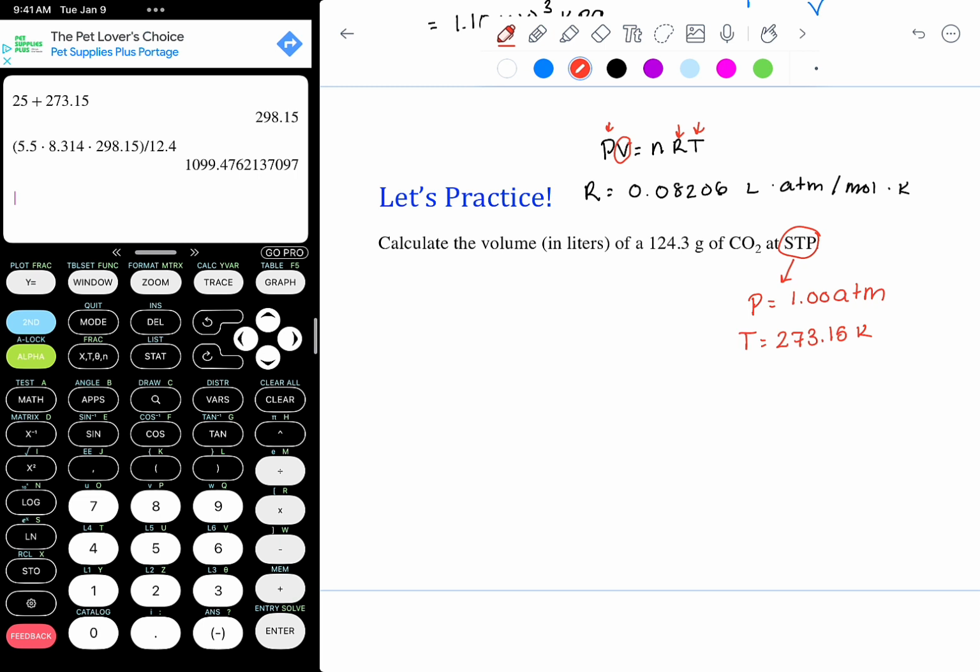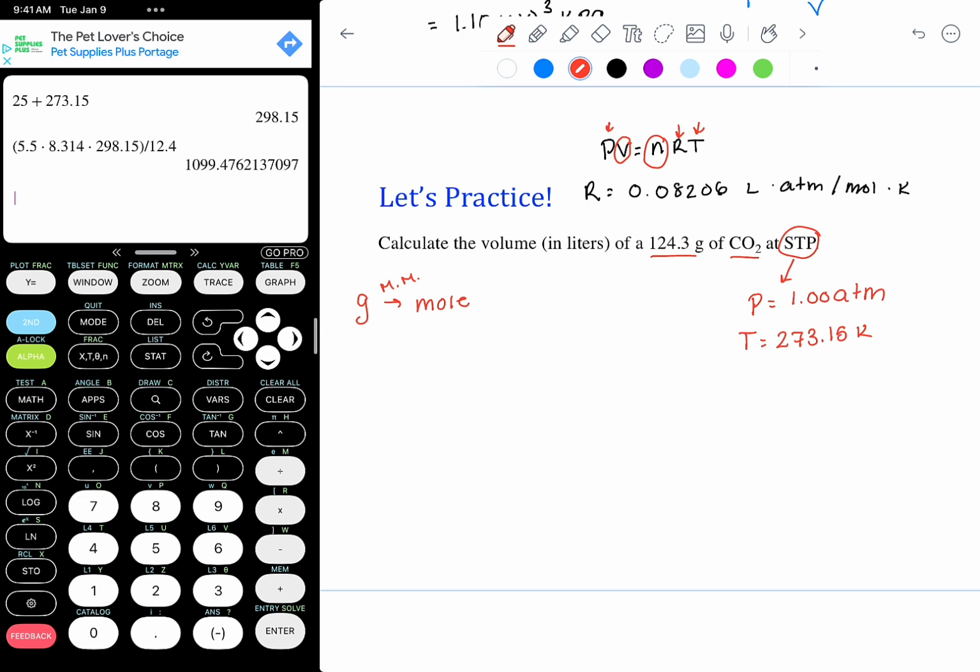The other variable we need to find now is n. We're not given a value for moles in the problem directly. However, we are given grams of carbon dioxide, meaning we are able to go from grams to moles using our molar mass. So that's something that we've done multiple times now throughout this course.